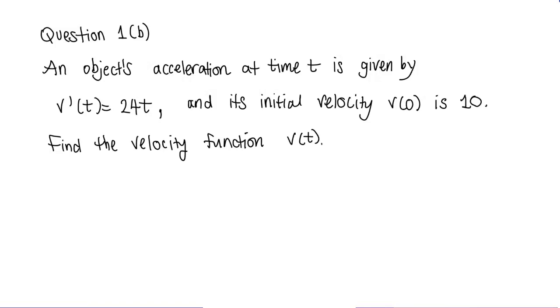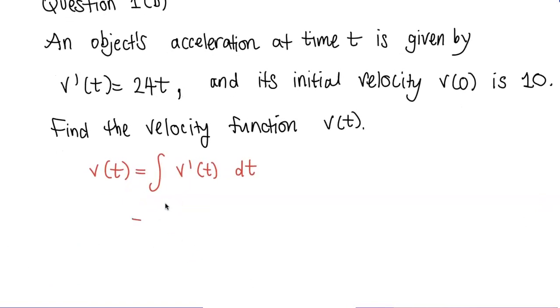Ready? If you want to find v of t, you have to take the integral of v prime of t. So that's how I will write the work first. You don't have to do that one, but you can start with this line: the integral of 24t dt.